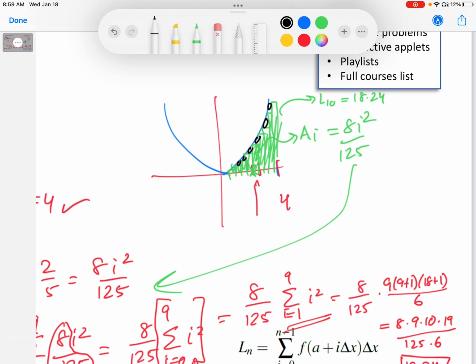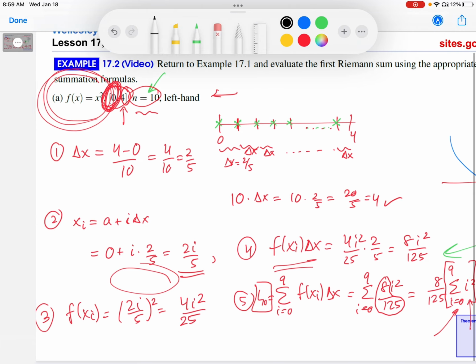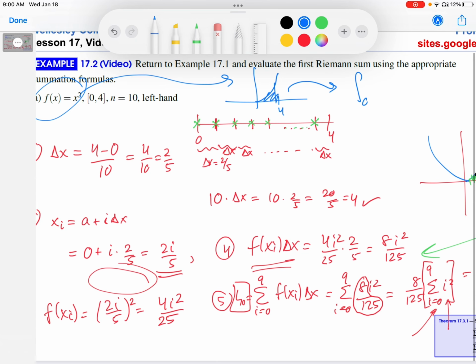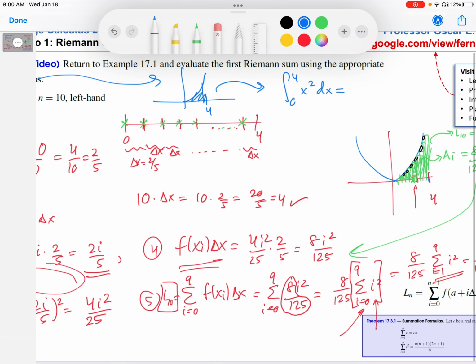But also, if we go back now to the function itself, this is the function y equals x squared. And if we're finding the area under the curve between 0 and 4, we know what that is, right? It's the integral from 0 to 4 of x squared dx. And we know how to calculate that.